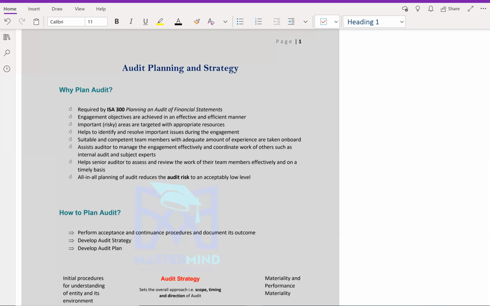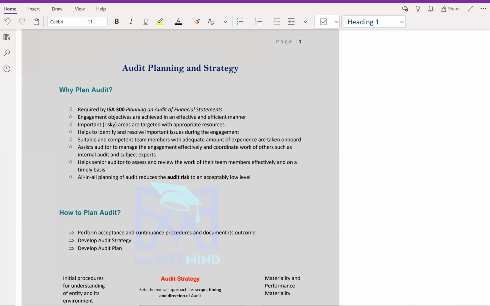You can use their work to place reliance on a certain, let's say, element, right? But the point is, you have to assess their effectiveness, their independence, and the work they've performed. How effective were the procedures, and how effective was the evidence that they've gathered by performing those procedures. All right.